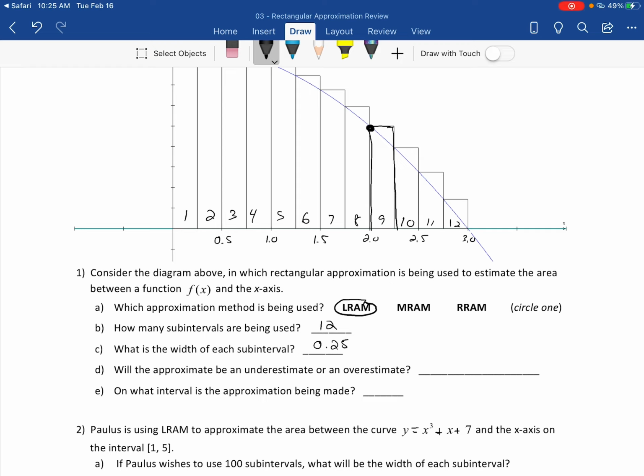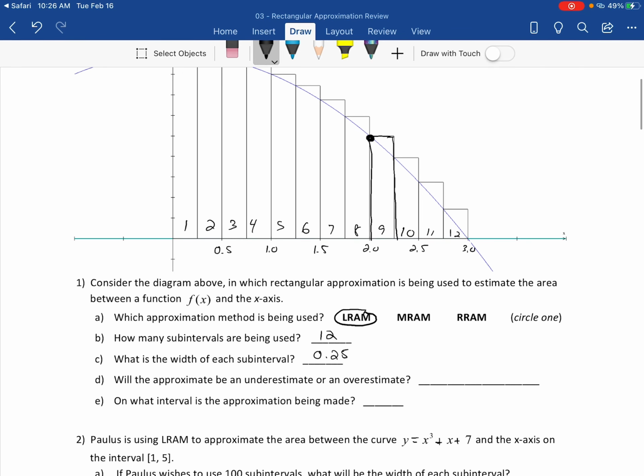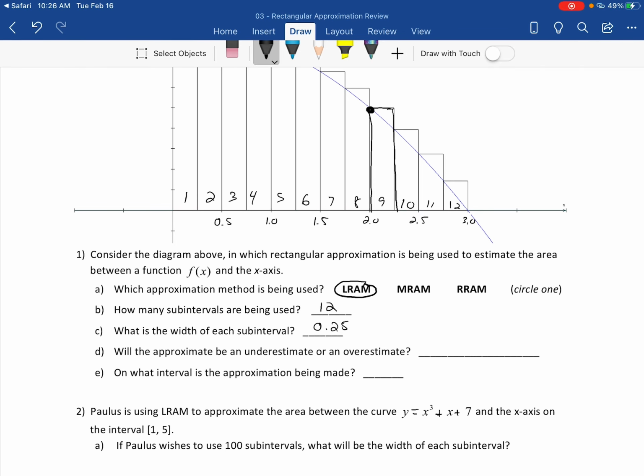Now, the other way to get that value, and that can be useful moving forward, is to say, well, there was a total width of 3 on the x that this curve was measured, and that was divided into 12 subintervals. So then, of course, each interval should be 0.25. Sometimes we use that as a fraction, 1/4 as well, but the decimal on the scale here led us to a decimal.